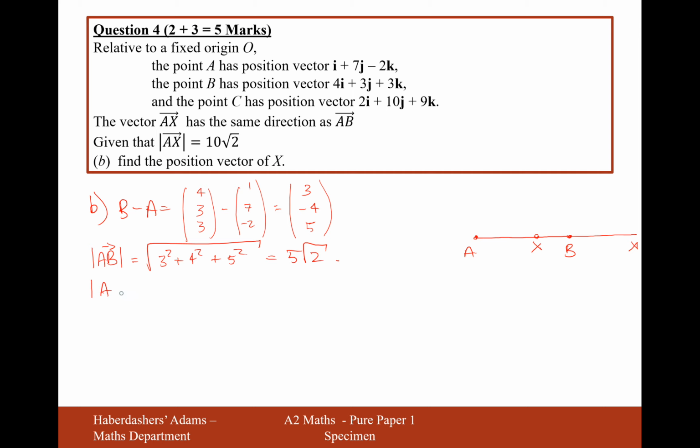So if A to X is equal to 10 root 2, then we can clearly see here that the scale factor from A to B to A to X is equal to 2.